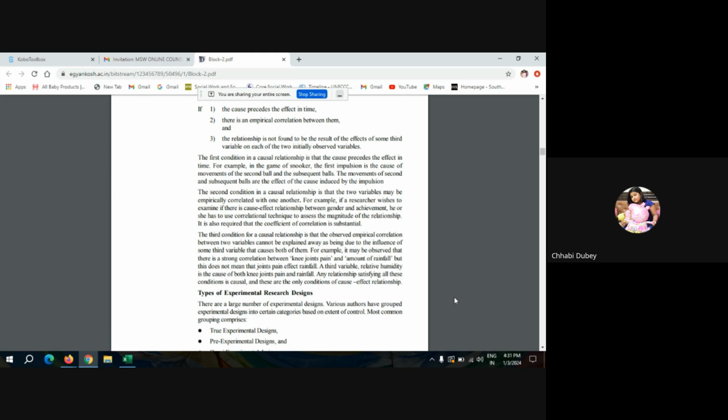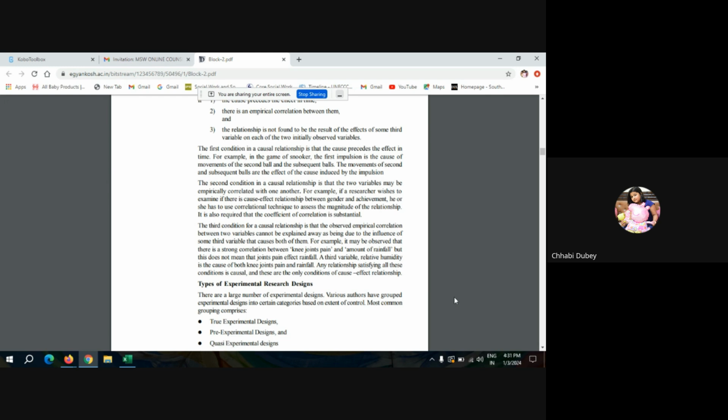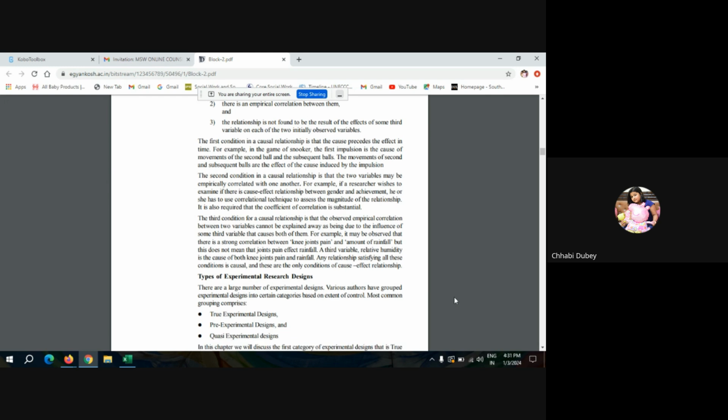Again, here they have given an example: suppose you are observing the correlation between knee joint pain and the amount of rainfall. It may be observed that there is a strong correlation between the joint pain and the amount of rainfall that has taken place.